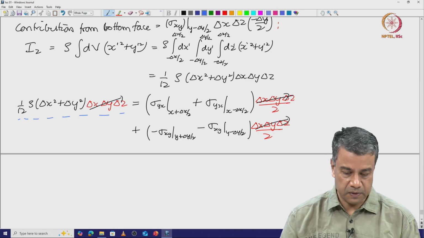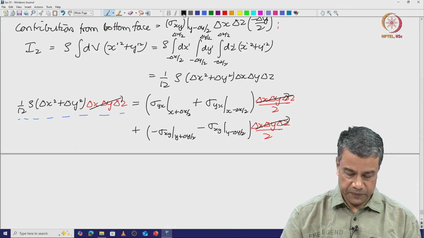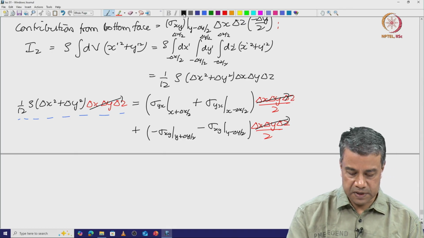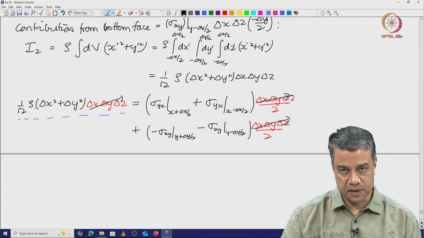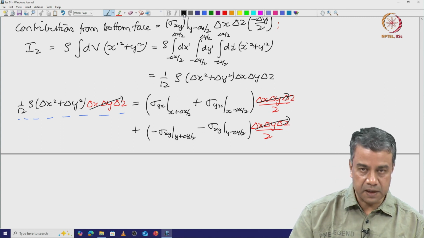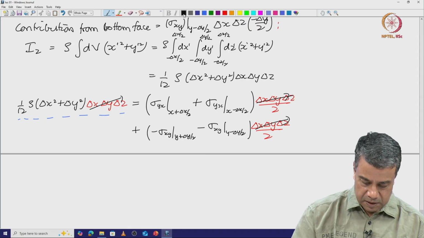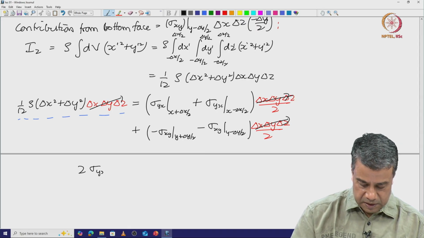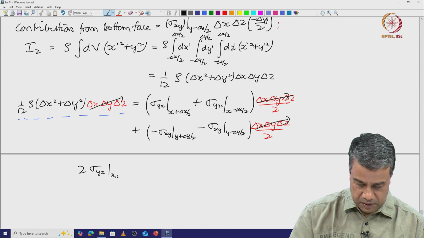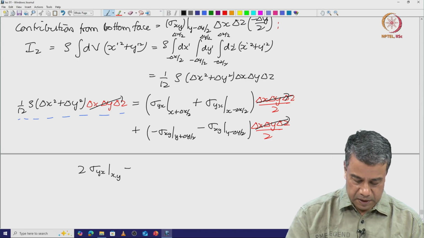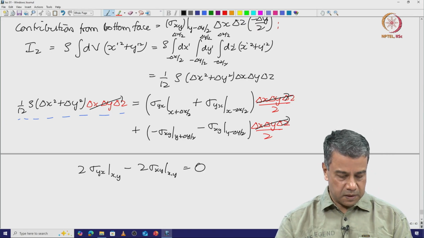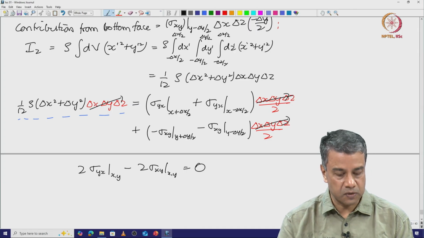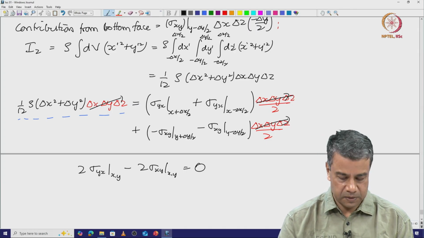On the right side I have sigma y x at x plus delta x by 2 plus sigma y x at x minus delta x by 2, which I can write approximately as 2 sigma y x at x y, minus 2 sigma x y at x y is equal to 0, because the left side is essentially 0 because it goes as delta x square and delta y square.